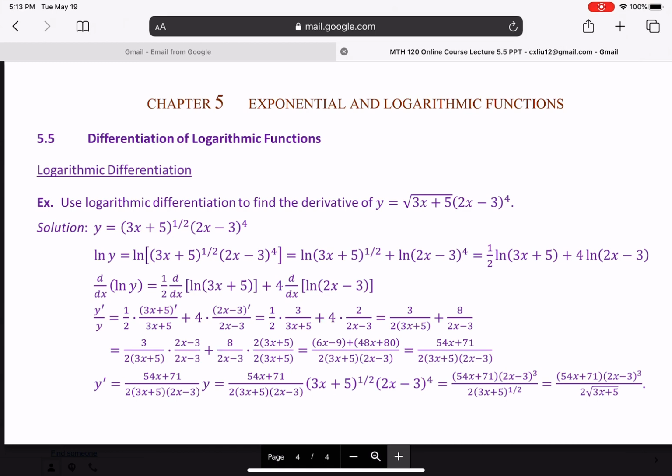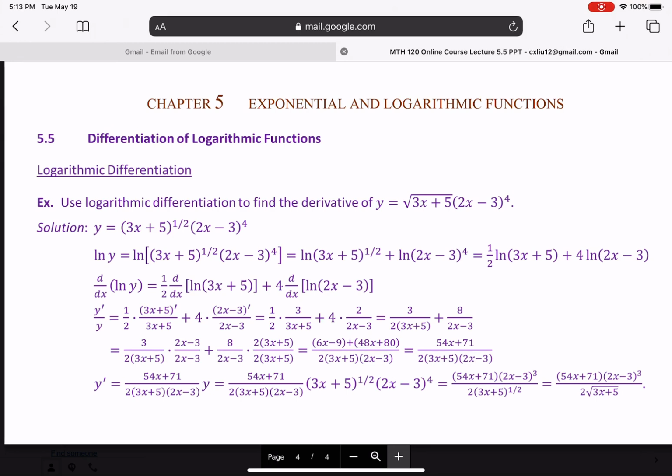So let's combine those two terms by using the least common denominator, which is the product of the two denominators, 2 times (3x plus 5) times (2x minus 3). So we need to multiply (2x minus 3) on the top and at the bottom for the first term, and 2 times (3x plus 5) both on the top and at the bottom for the second term.